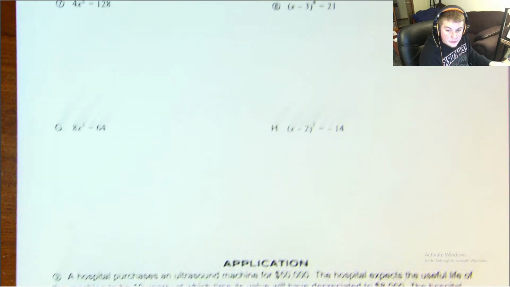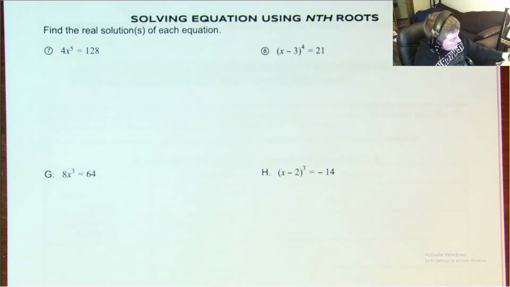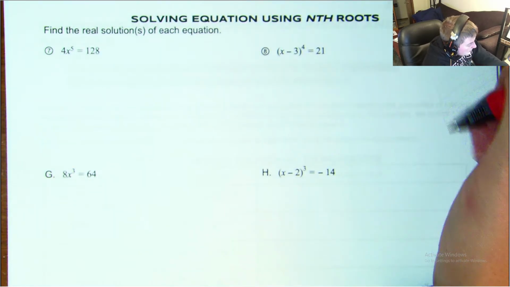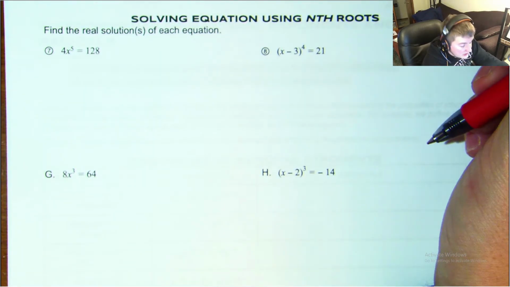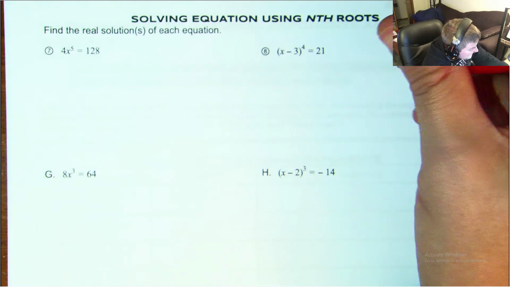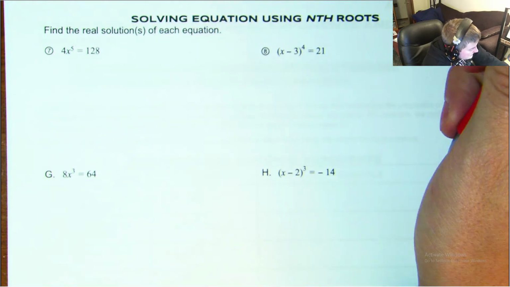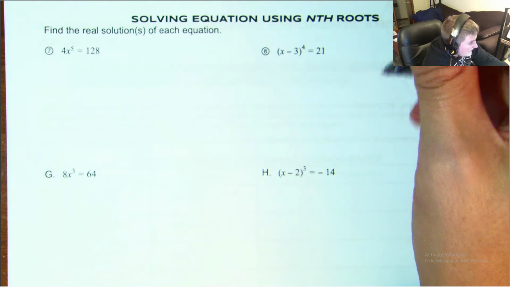Okay, let's solve problems that have nth roots. There's a couple different ways to look at this. Okay, we can go ahead and say that nth roots undo the n power.